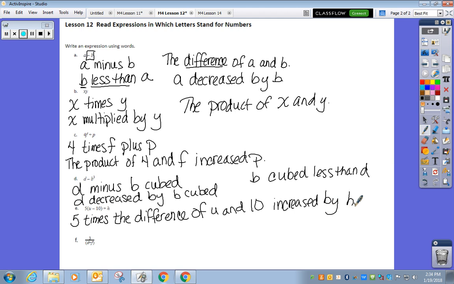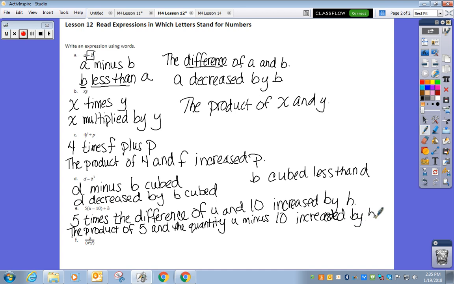Okay, so that's one way I can say it. I could say the product of 5 and the quantity u minus 10 increased or added to or increased by h, and so on. There's so many different ways that we can write a lot of these. This is just to expose you to a couple of different ways.